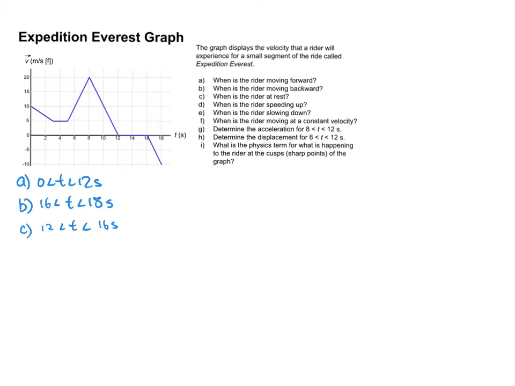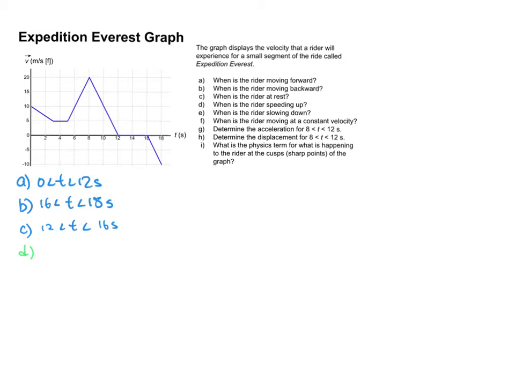All right, D. When is the rider speeding up? So for speeding up, we are looking for numbers that are getting higher in magnitude. So the first one I identify would be from about 5 to 8 seconds.